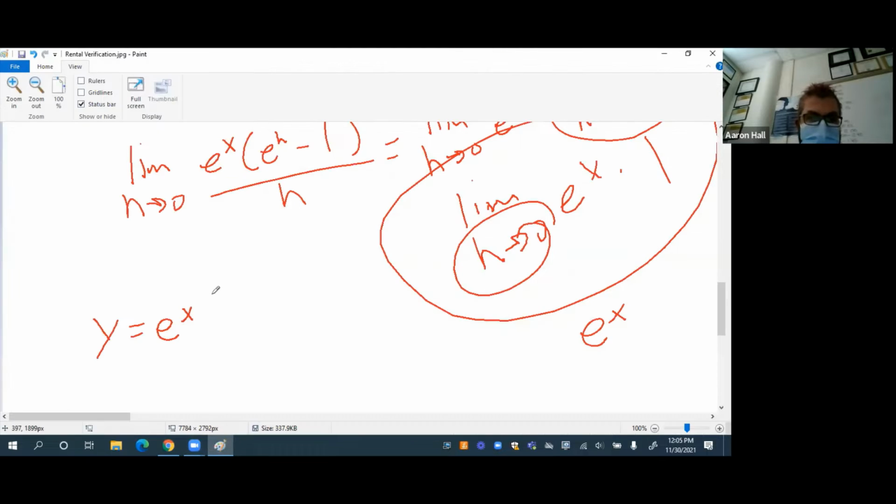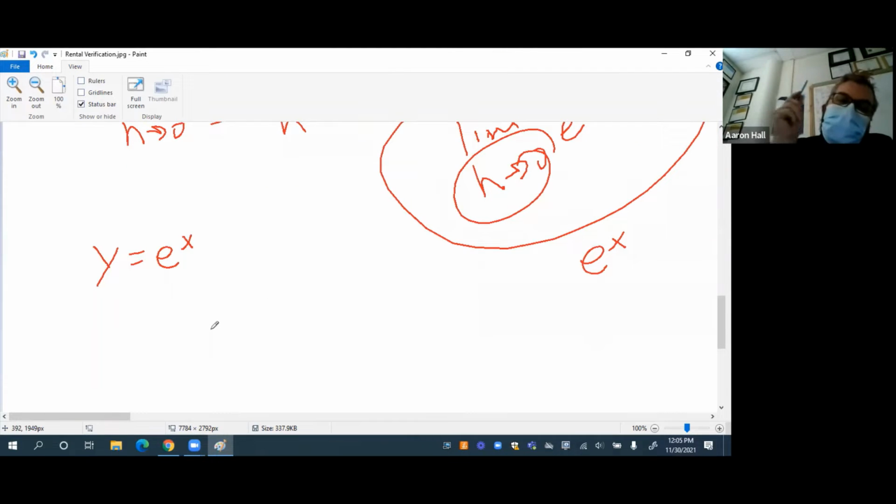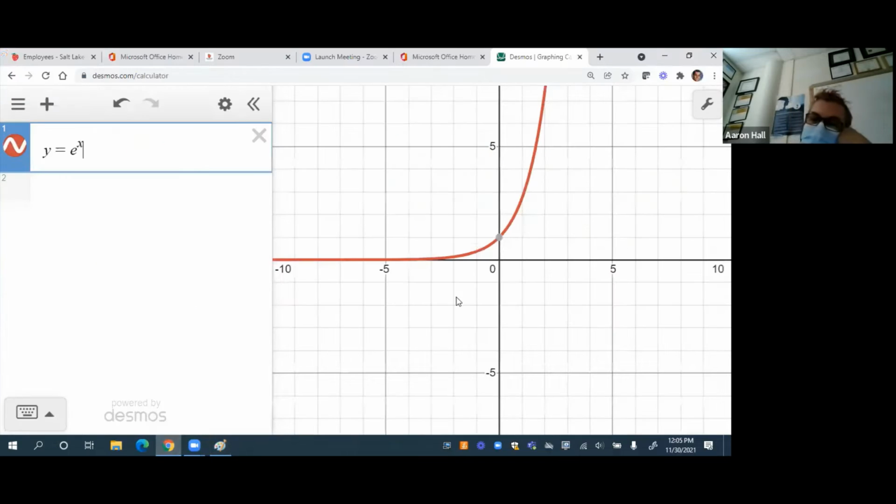I'm saying that the derivative of this function is itself, which means this point right here, where x is 0, y is 1, has a slope of 1. The y is 1 for position, and my slope is 1. So if this represented a location, then my location would be 1, but my velocity would be 1. Yeah, that's so crazy.